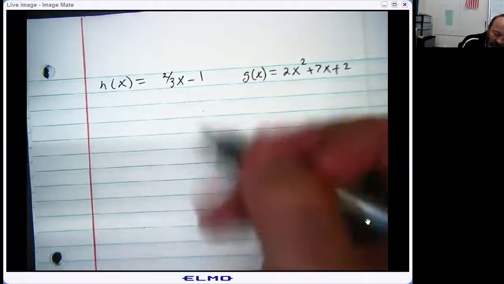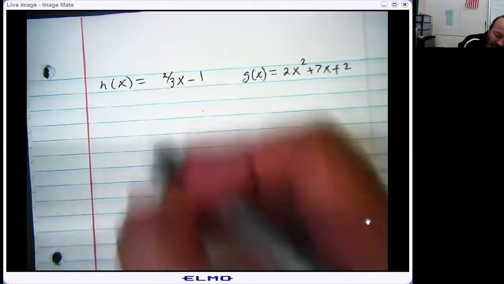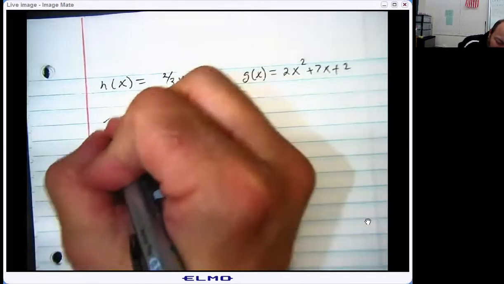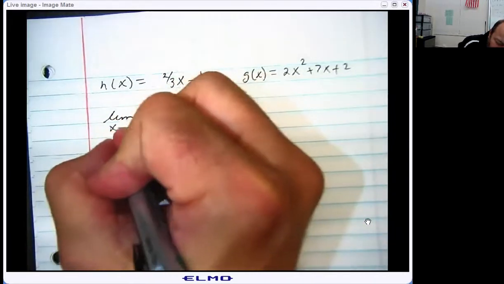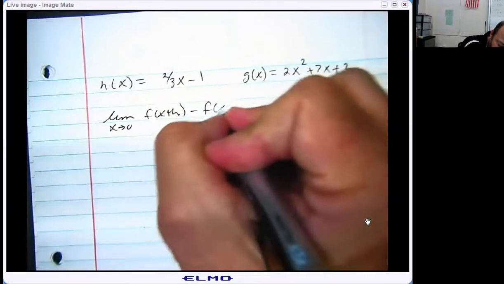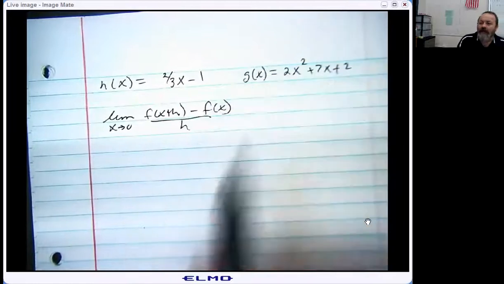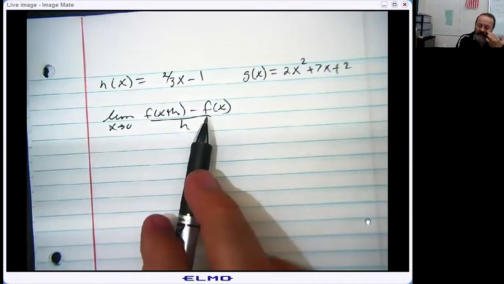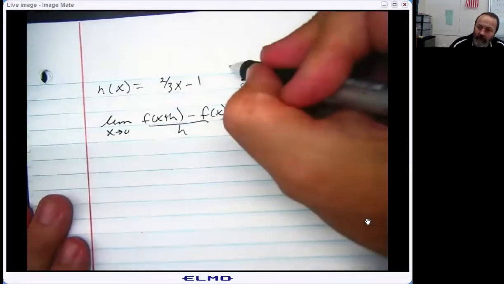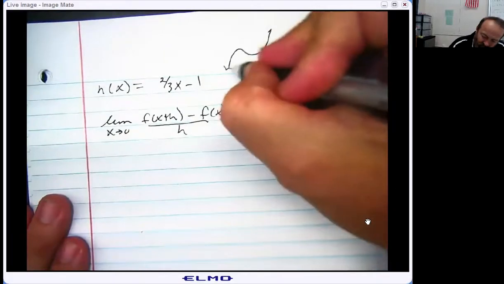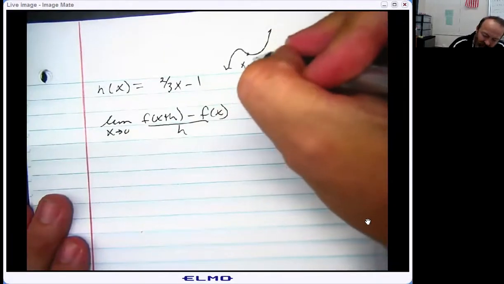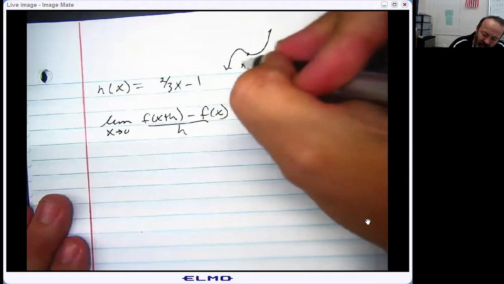So the formal definition of a derivative says that we could take the limit as h approaches 0 of f of x plus h minus f of x all over h. Now keep in mind that f of x is a random point on any curve. So we have some crazy curve like this, and x comma f of x could literally be any point on that curve.